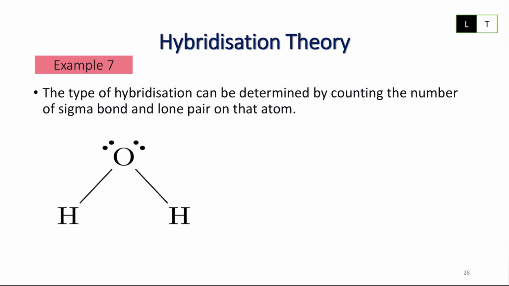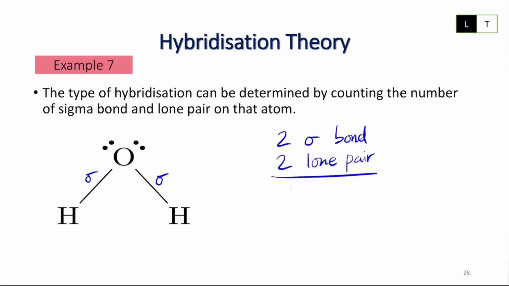Next, we have water. So untuk water, kita fokus kepada central atom sahaja. Untuk oxygen atom, I have sigma bond here, sigma bond here. So total sigma bond adalah 2 sigma bond. And then next one, saya ada 2 lone pair kat sini. So saya tambah 2 lone pair dengan 2 sigma bond, saya akan dapat 4.